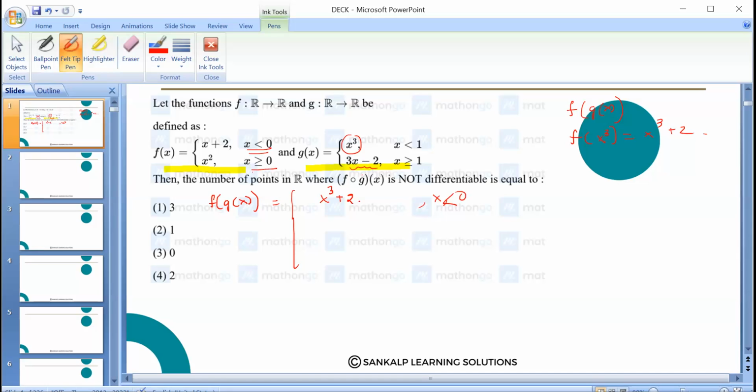Now when x is greater than or equal to 0, we have to take less than 1 also. In that case, you will take g of x as x cube only. But then f will be x square, that is x cube whole square, that is x power 6.